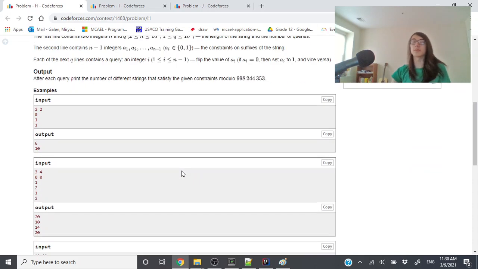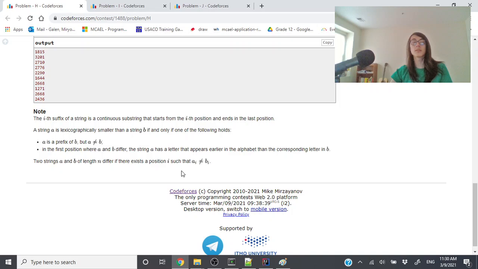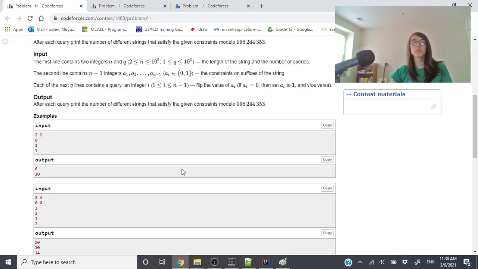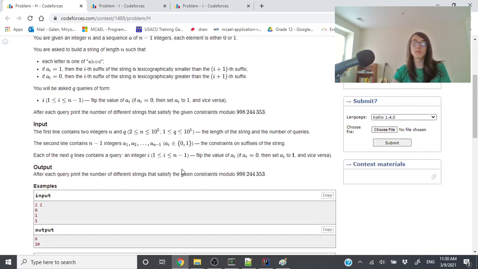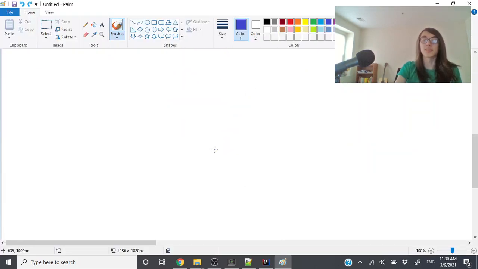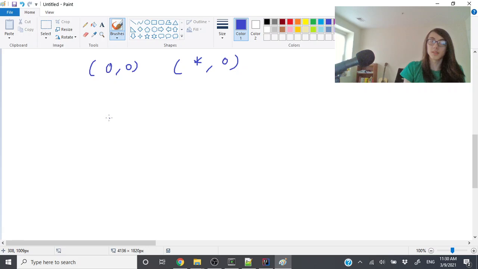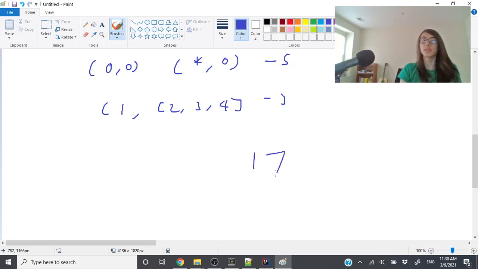What else is happening? Okay, what are the actual visitable states? So we can have O, we can have anything of the form that and O. We can have 1 and 2, 3, and 4. So this is 5, this is 3. So we get 17 in total.